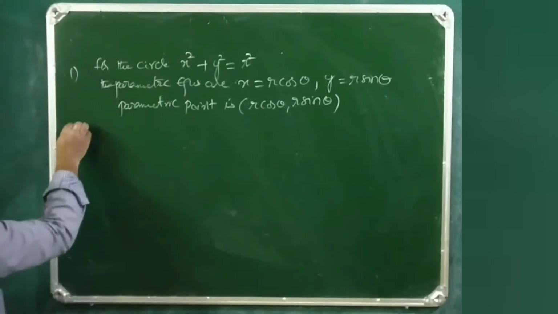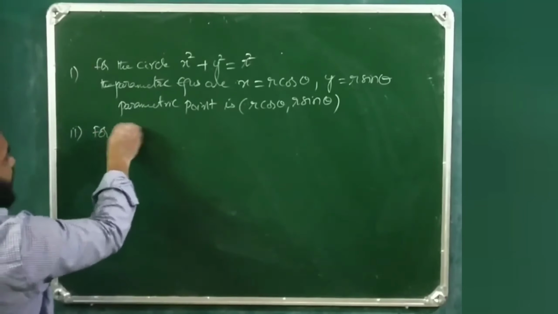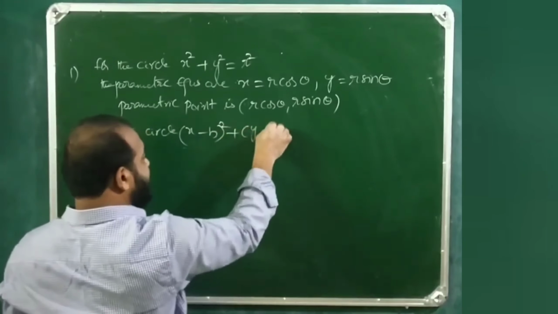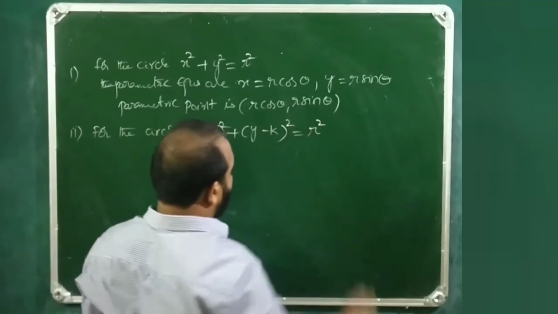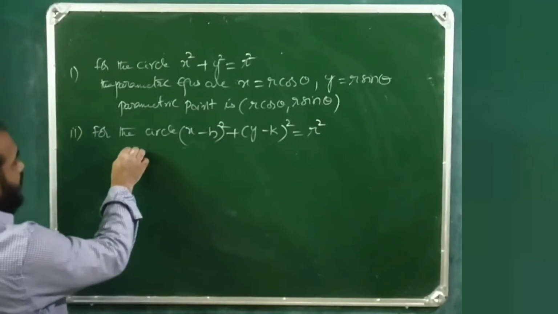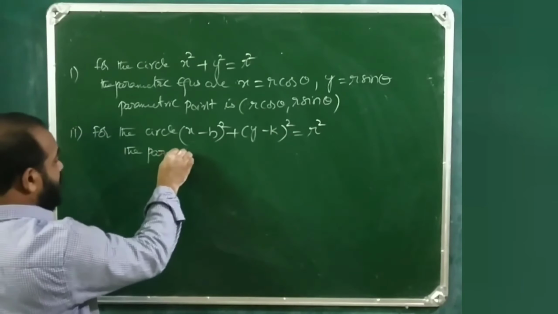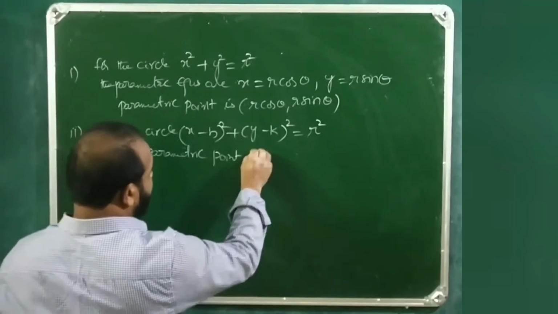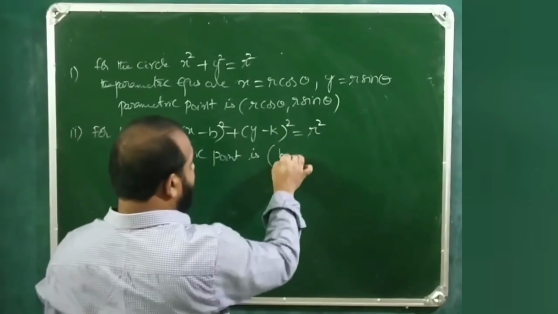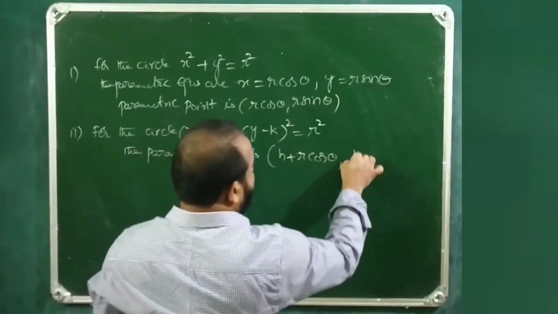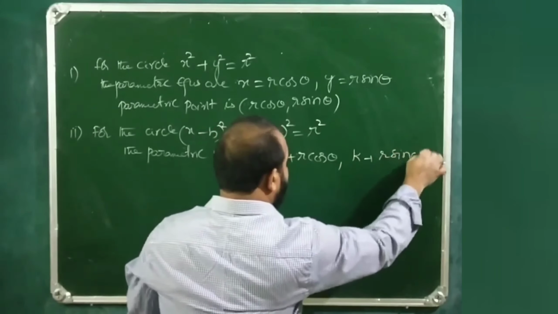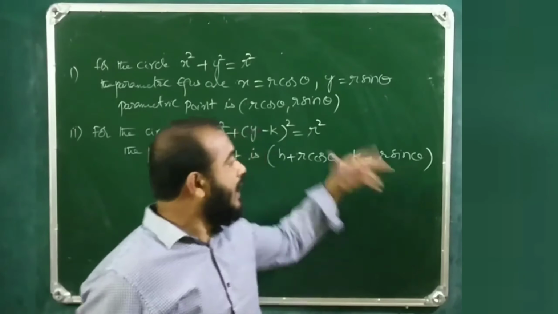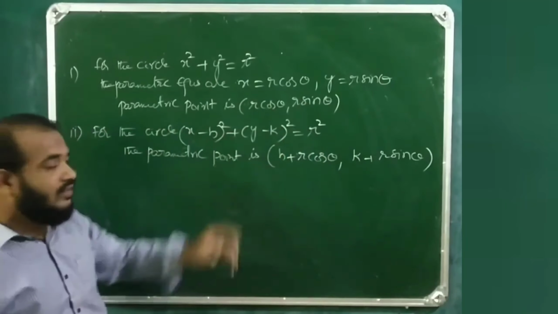So for the circle (x minus h) whole square plus (y minus k) whole square is equal to r square, the parametric point is (h plus r cos theta, k plus r sin theta), while x is equal to h plus r cos theta, y is equal to k plus r sin theta are the parametric equations of this circle.